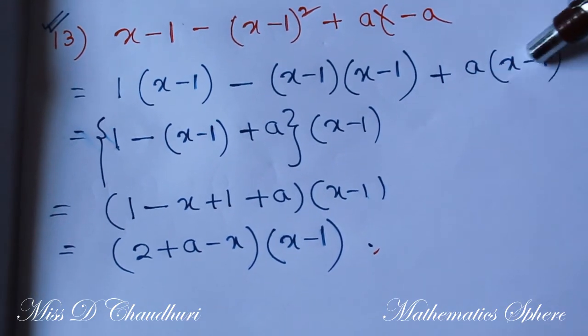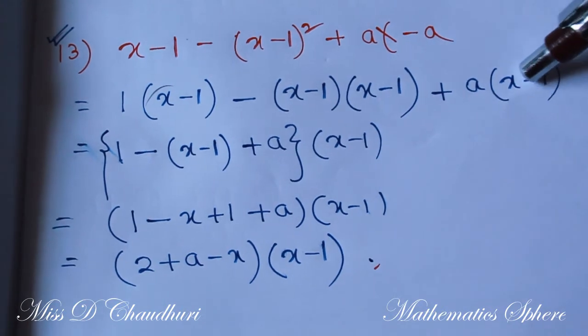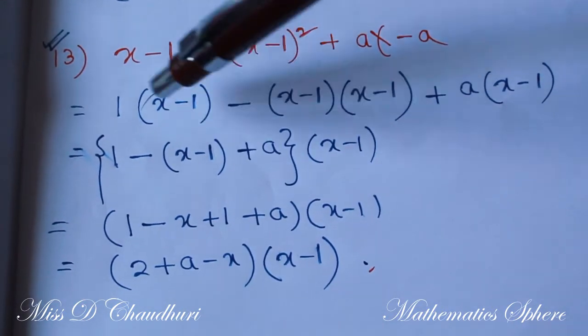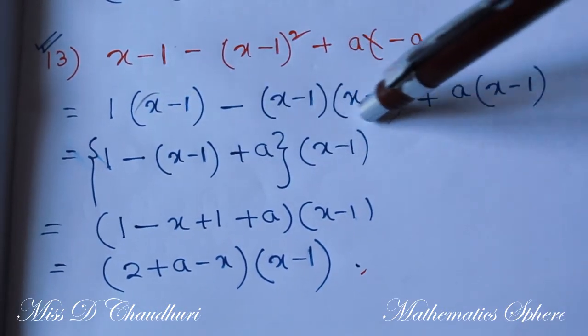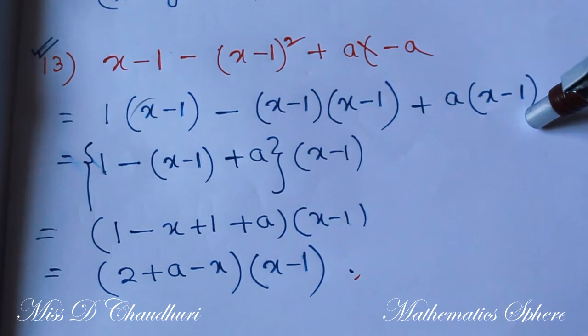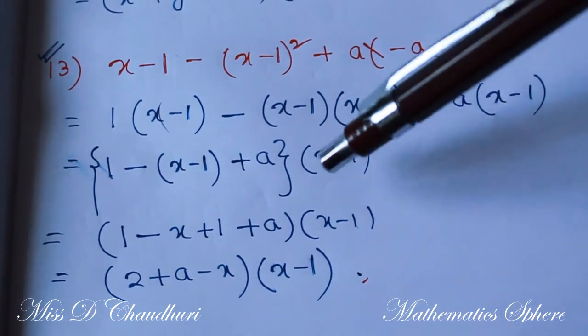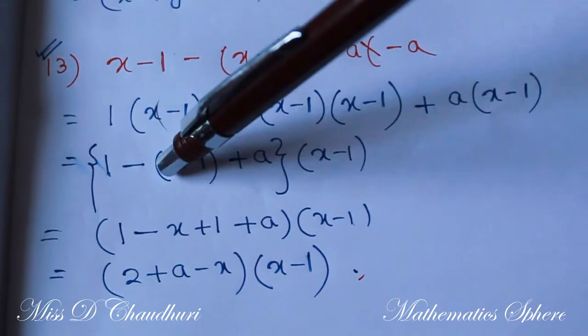So now you understand why I took 1 here: because here x minus 1, here also x minus 1 came. So I took 1 common here and kept x minus 1 in the bracket. Now you see this became 1 term, this became 1 term, this became 1 term. So from the first, second and third term, we can take x minus 1 common.